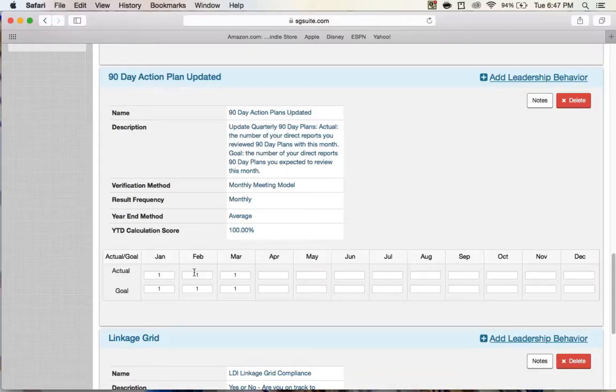So the two vantage points that you can have are if you're the only director or if you're the only individual in your department that uses LEM, you're simply speaking to yourself. But if you're a director that oversees multiple people that also have 90-day plans, you're telling your supervisor that all of the individuals that report to me have updated their 90-day plans, and we've had that conversation.